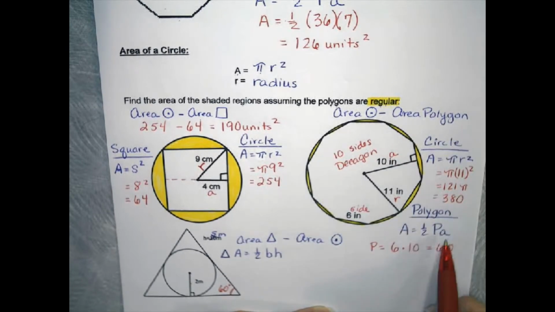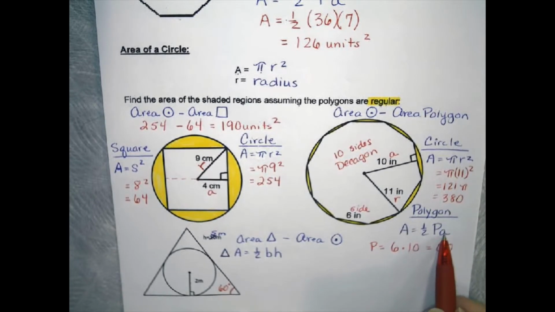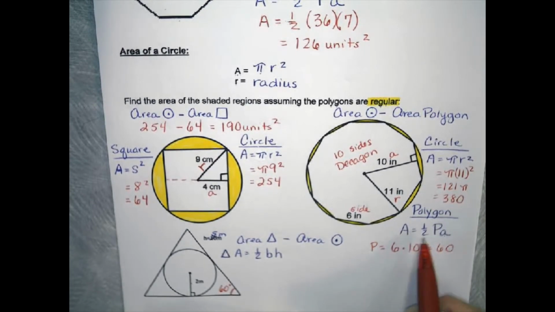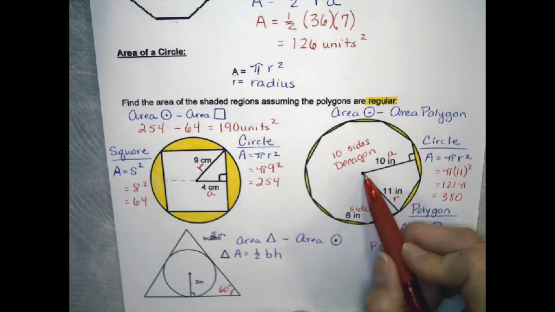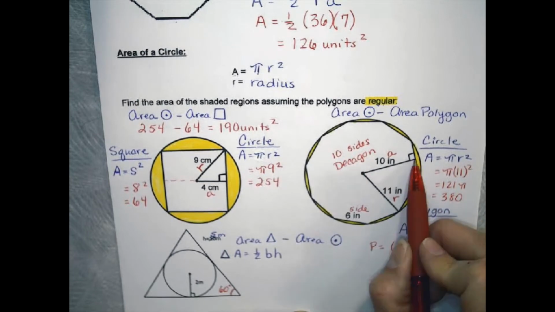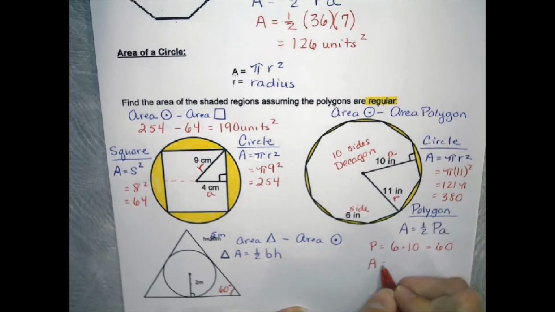So I'm going to have area equal 1/2 the perimeter of 60 times the apothem of 10. And again, I know that this is the apothem because the end point is on the polygon and not the circle. So area will equal 1/2 times 60 times 10, which will equal 300.